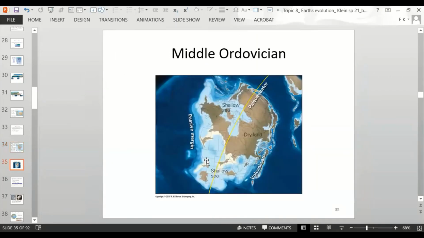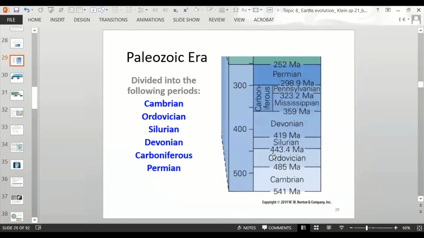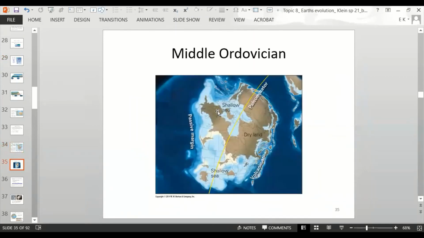And then this shows you the middle of the Ordovician. Just going back here, the Ordovician is the next period. So this is showing you the shallow seawater and where you had dry land.